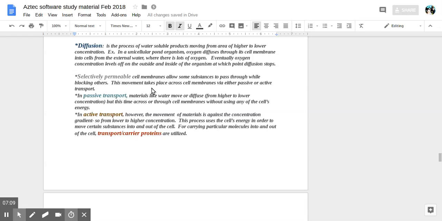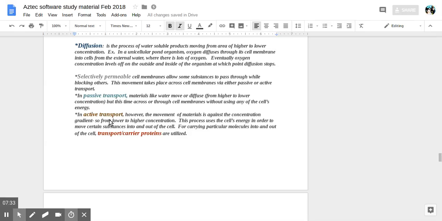This movement takes place across cell membranes via either passive or active transport. In passive transport, materials like water move or diffuse from higher to lower concentration, but this time across or through cell membranes without using any of the cell's energy.